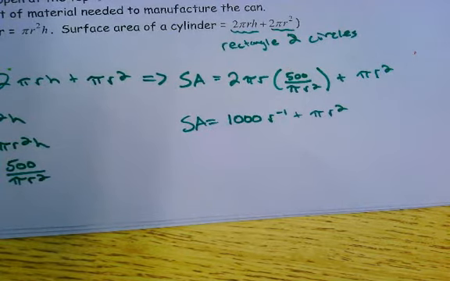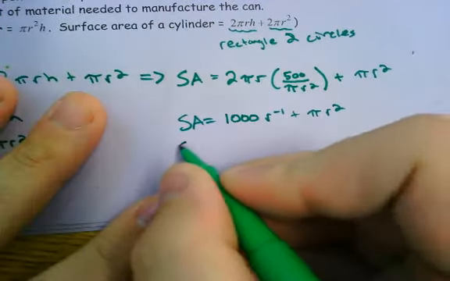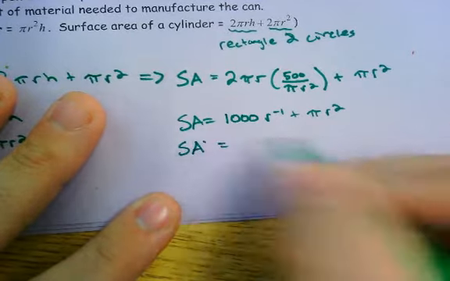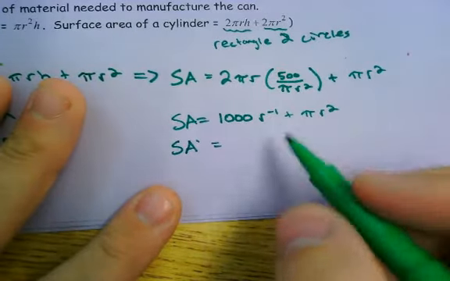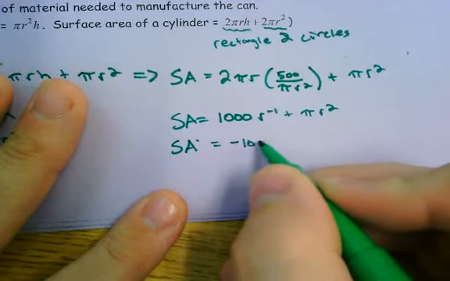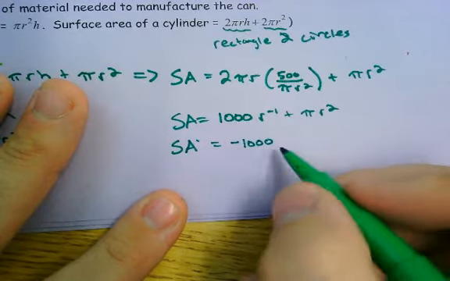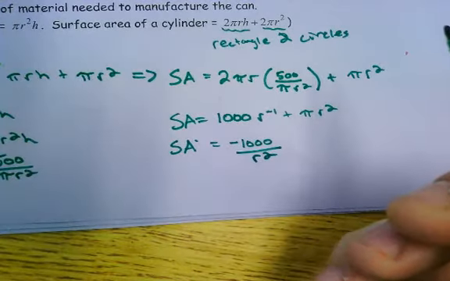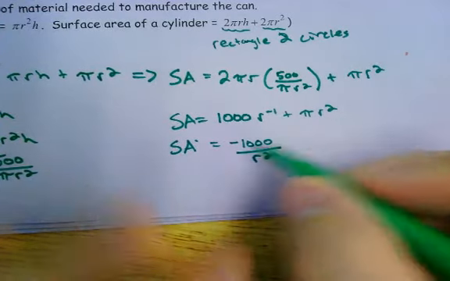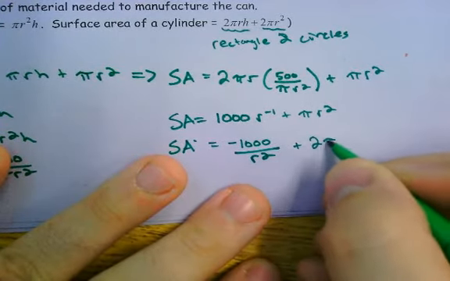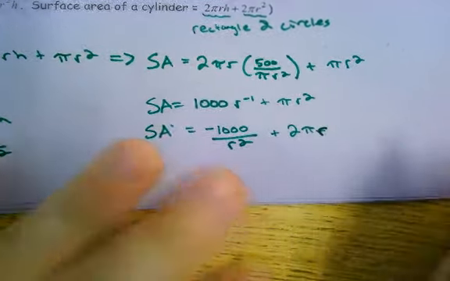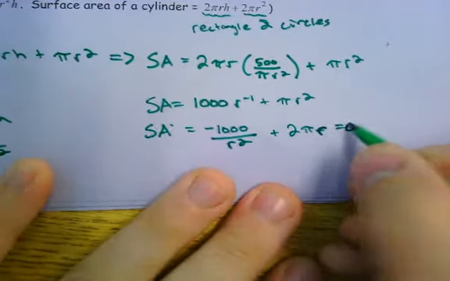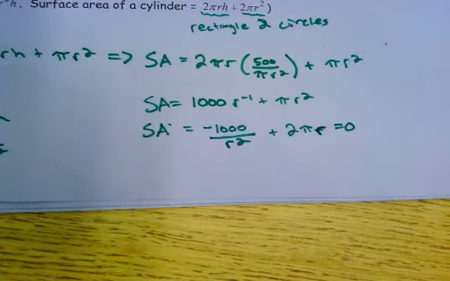Now that derivative is set up pretty nicely for us. Let's take the derivative of the surface area and then set it equal to 0. So we're going to get negative 1,000 over r squared plus 2 pi r, and we need to set this equal to 0.